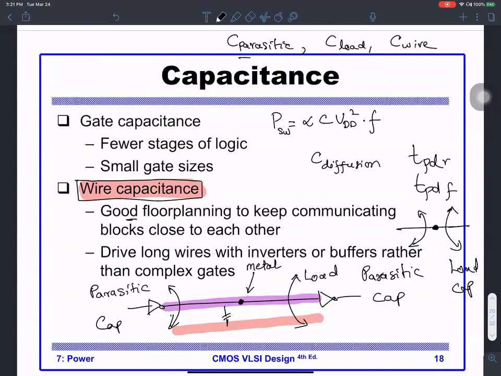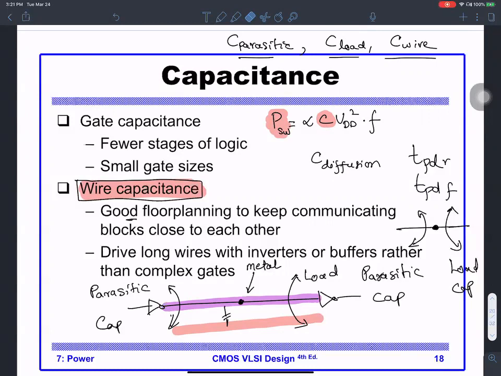There are more than these two components to the capacitance, and by reducing the capacitance, I can reduce the power consumed.